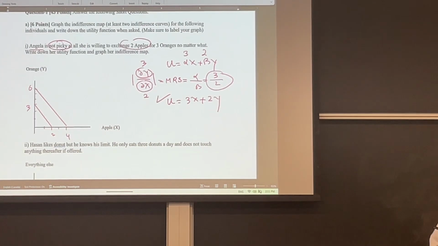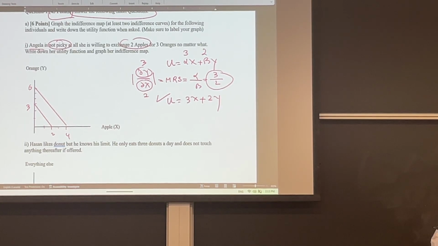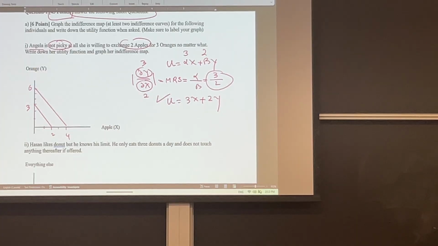indifference map. Alright? A lot of people have it backward. They put 2 and 3 the wrong way. Some people think it's perfect complement. For those who figure out this is perfect substitute, some at least miss this. They put 2 and 3 backward.